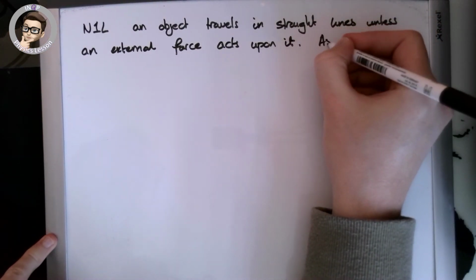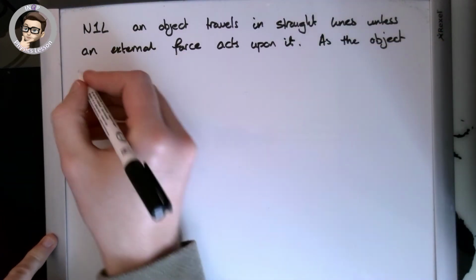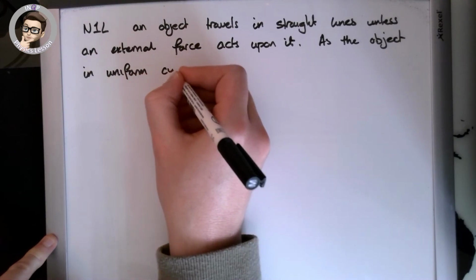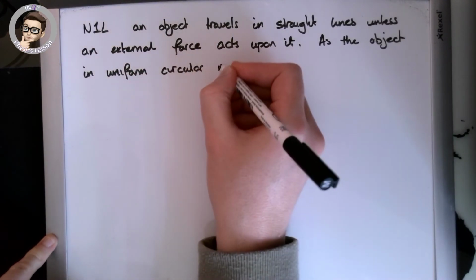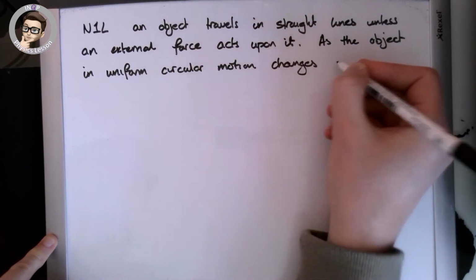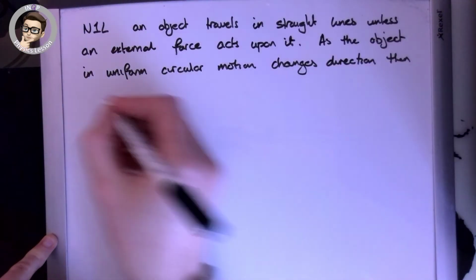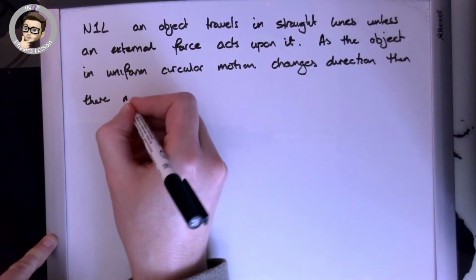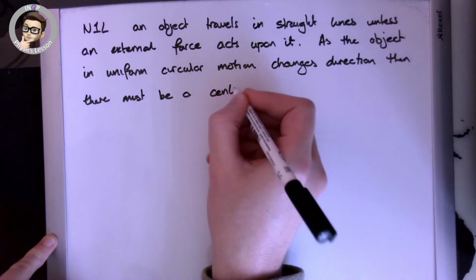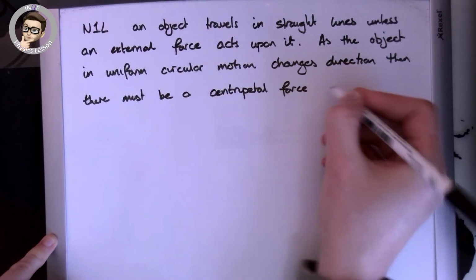So as the object in uniform circular motion changes direction, then there must be a centripetal force applied.